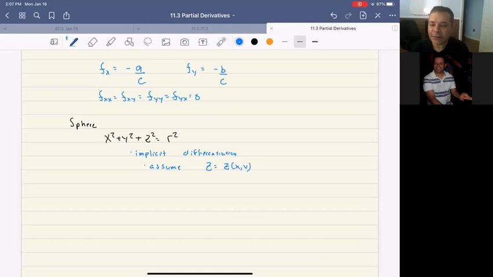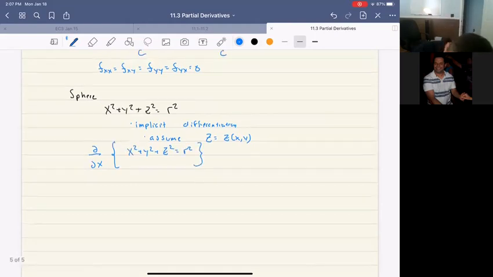Okay, and then we're going to take the derivative of both sides with respect to x. Okay, so we're going to get 2x. Now, y is an independent variable, so the derivative of y with respect to x is 0.